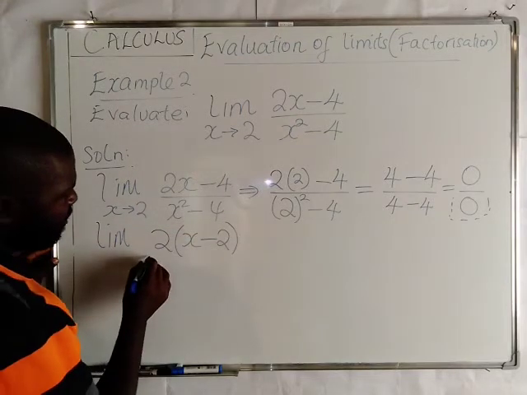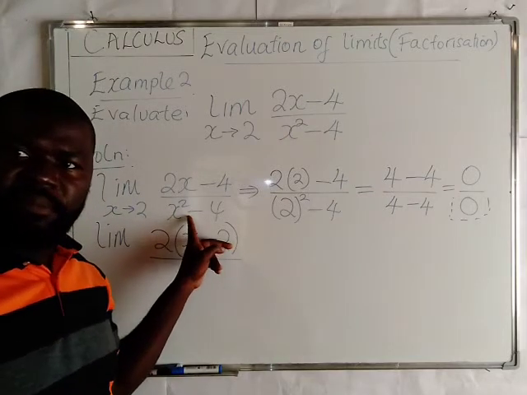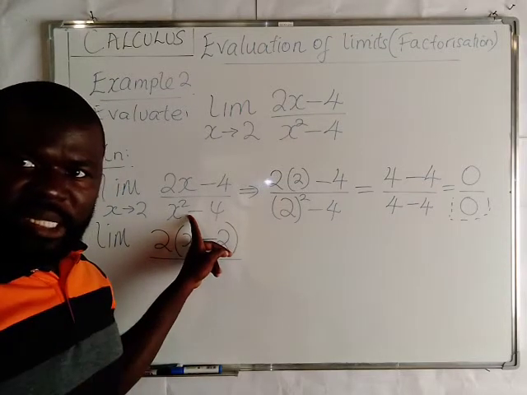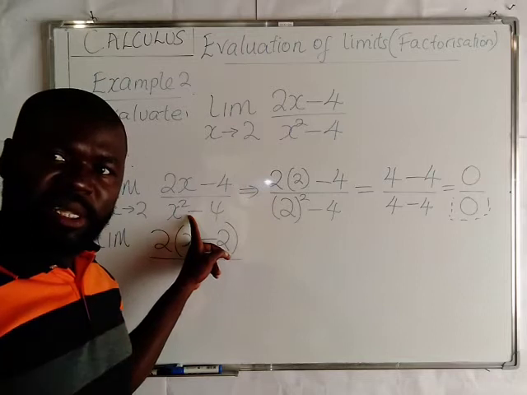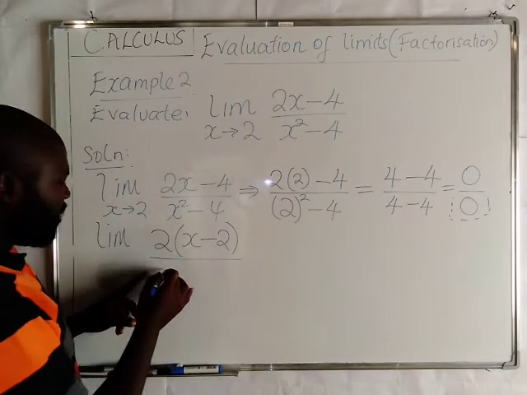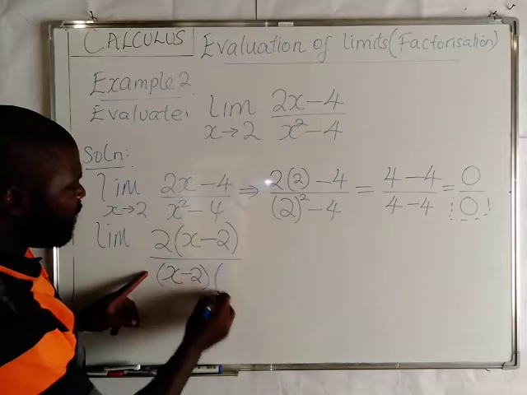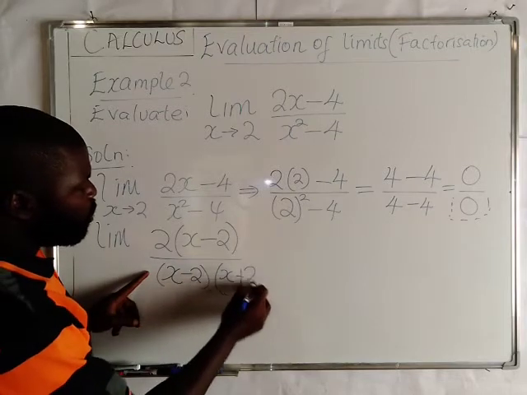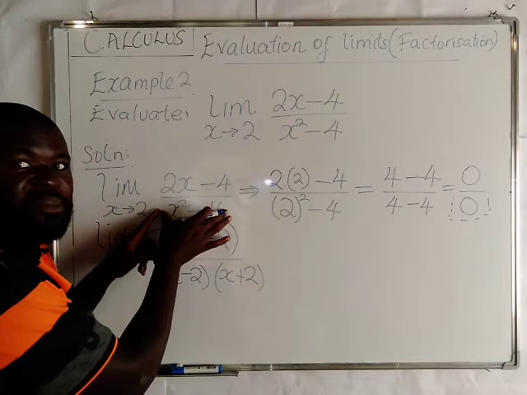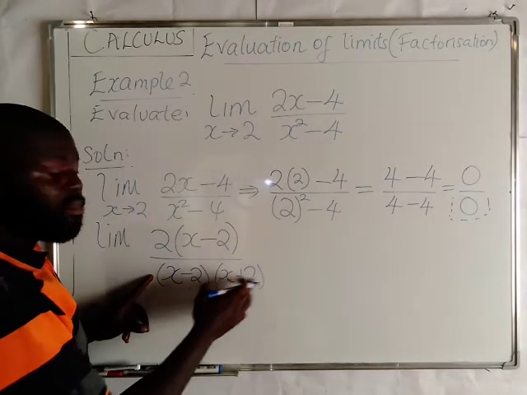Everything over, now again on the denominator, we know what type of expression the denominator is. It is a difference of two squares, which you factorize as x minus 2 and x plus 2.